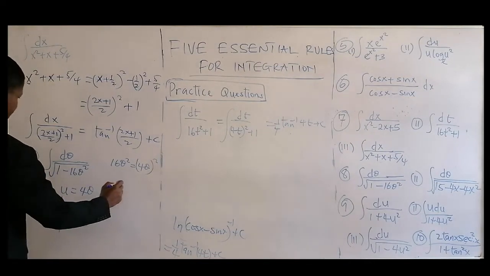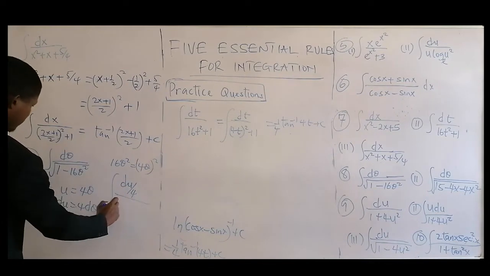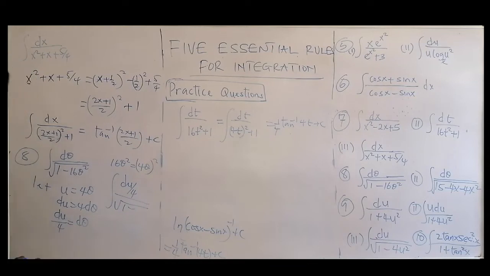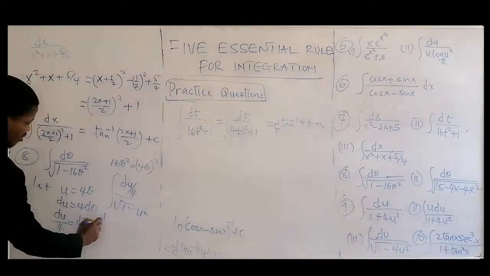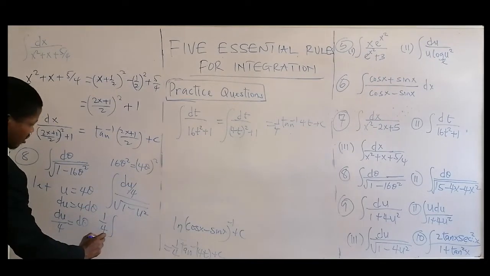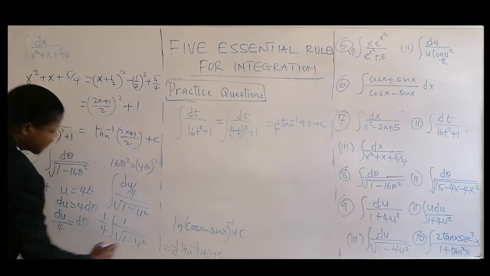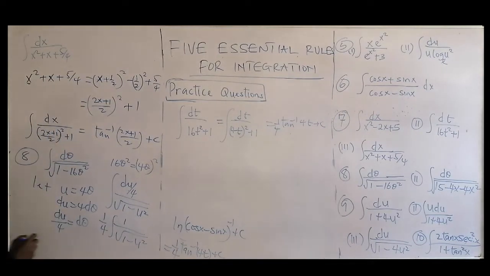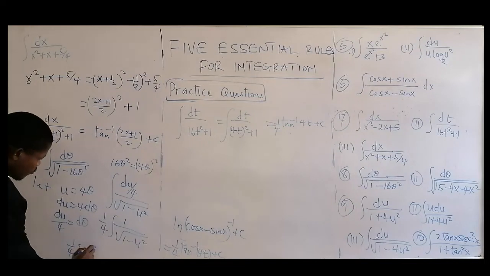So we have the integral of (du over 4) all over the square root of 1 minus u squared. This one can come outside: 1 over 4 integral of 1 over the square root of 1 minus u squared. That will be equal to 1 over 4 arcsine u.